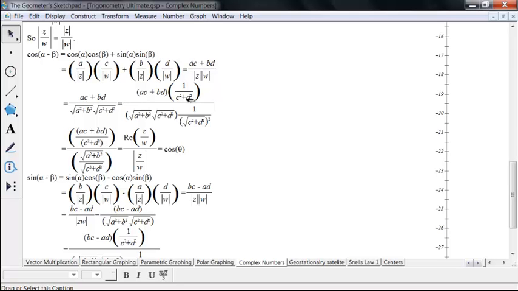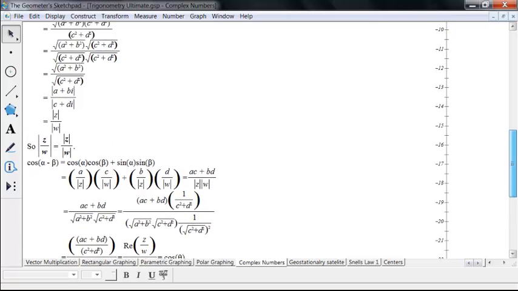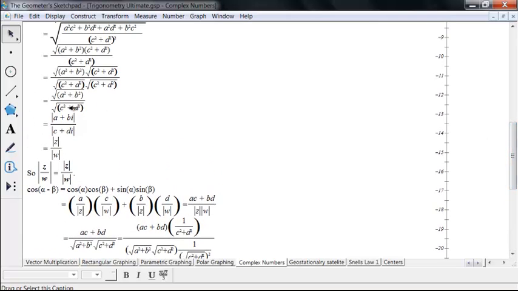And in the bottom, one of these cancels, and I get square root of a squared plus b squared over square root of c squared plus d squared there. The denominator, if you look, is exactly what we had right here for the norm of the quotient.